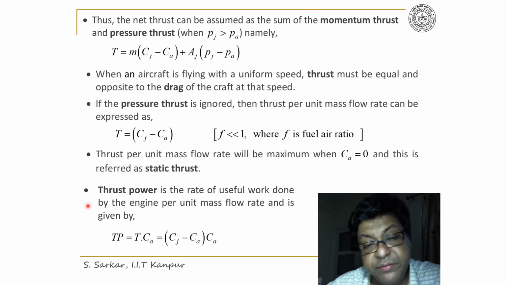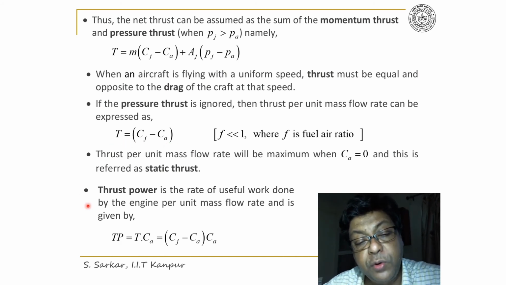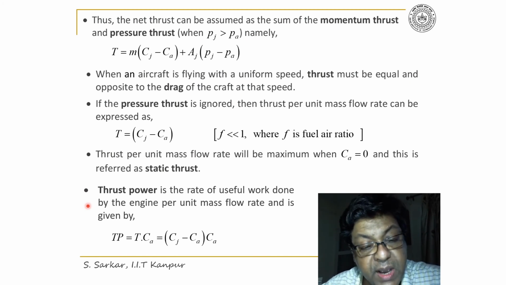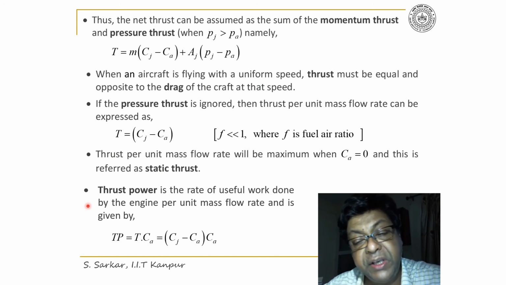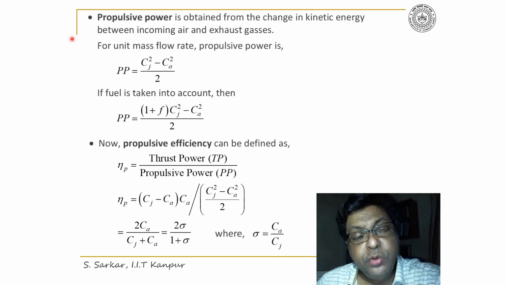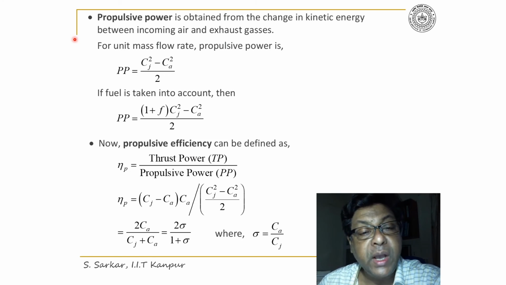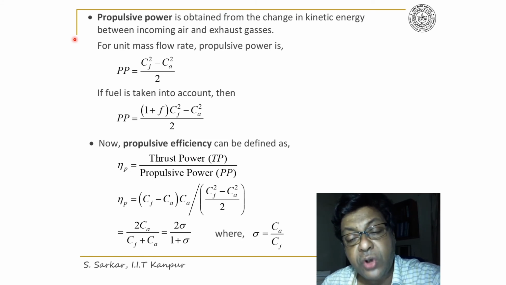Thrust power is the rate of useful work done by the engine per unit mass flow rate and is given by Tp is equal to T into Ca, that is equal to (Cj minus Ca) into Ca. Now the propulsive power is obtained from the change in kinetic energy between the incoming air and the exhaust gases.